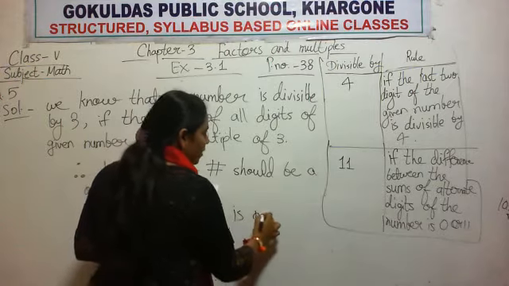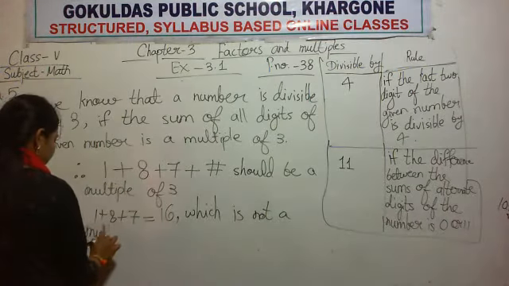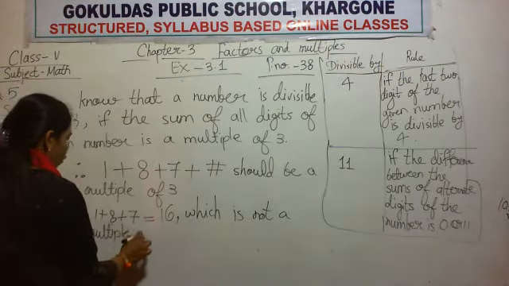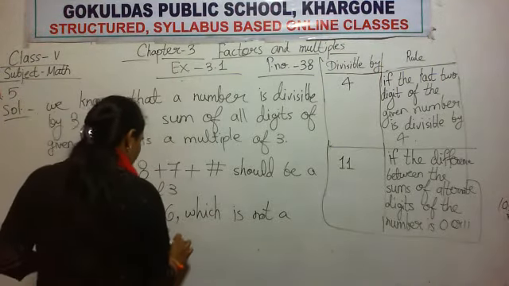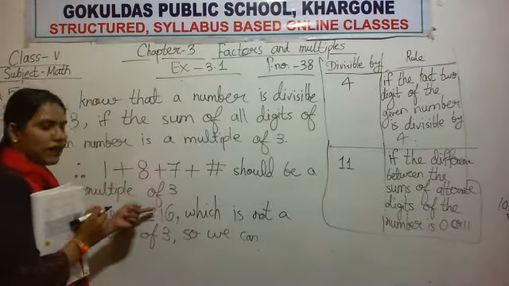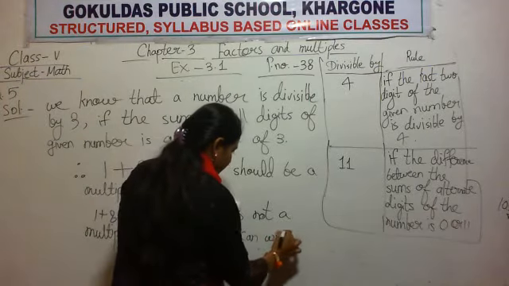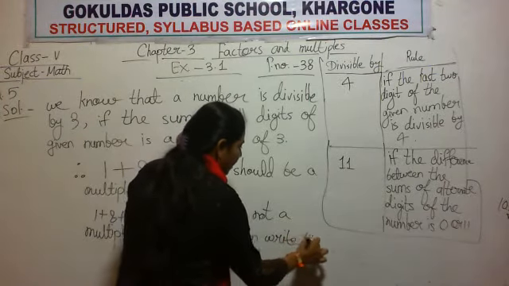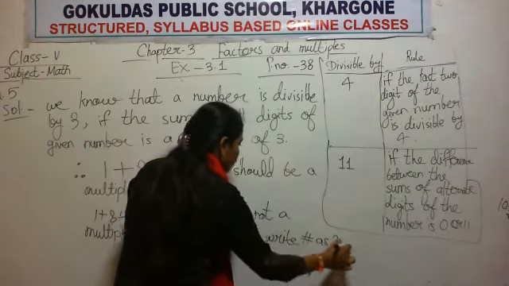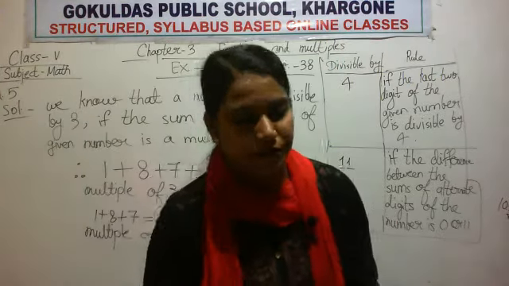16 is not a multiple of 3, so we want to make it a multiple of 3. So we can write hashtag as 2 to make it a multiple of 3. Okay.